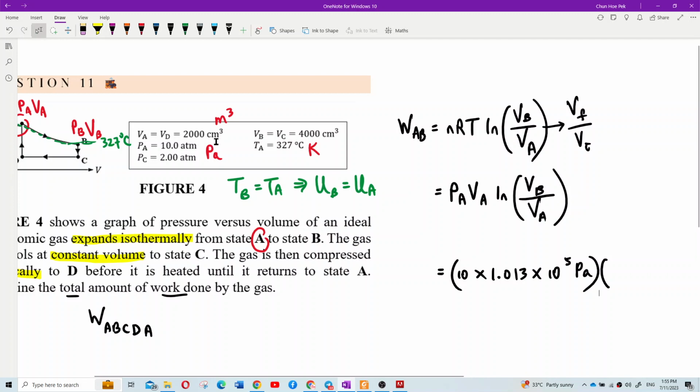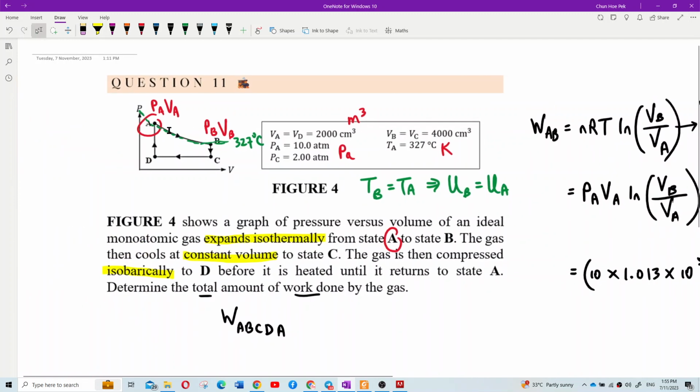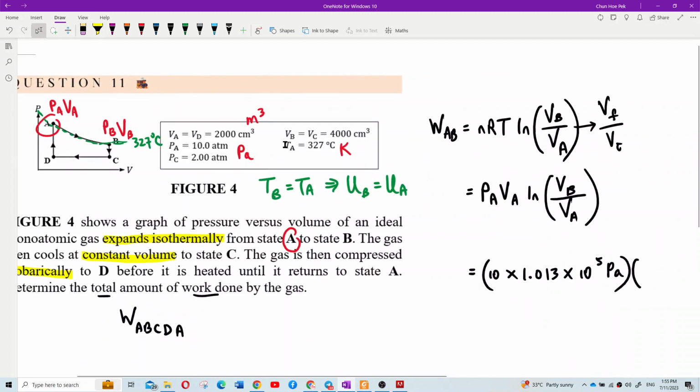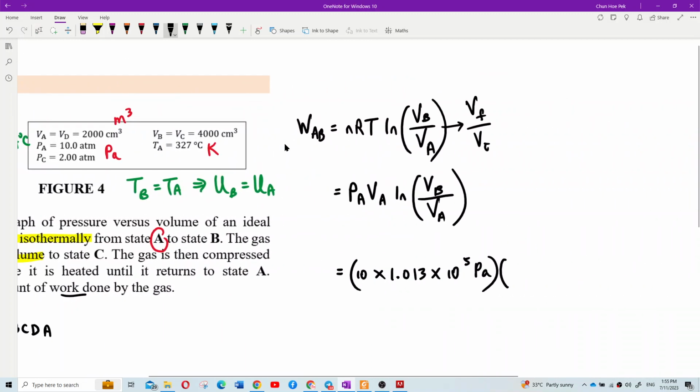I need to change to cm cube. I need to change to meter cube. So volume A is 200 centicube. Centicube become, we know that centi is -2 kan. Tapi kalau centicube kuasa darab 3, -6.